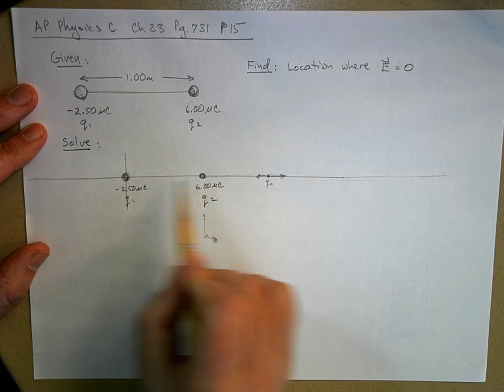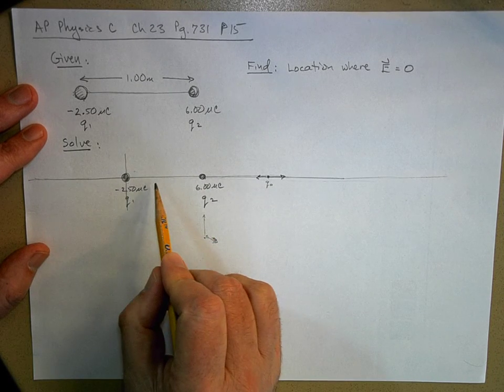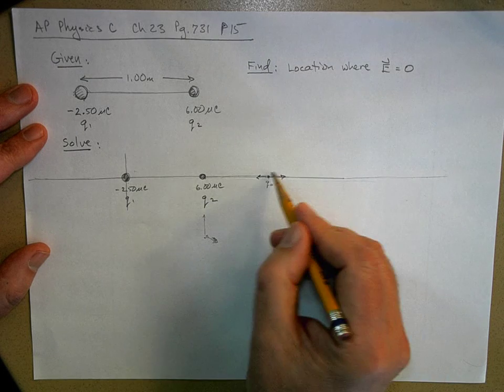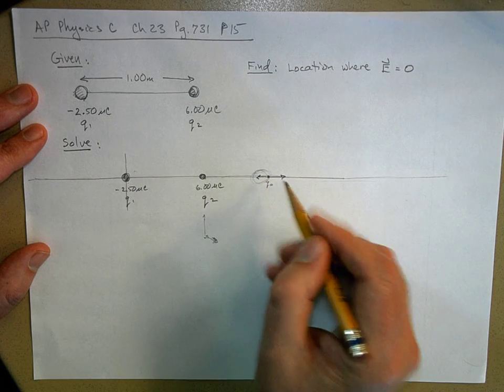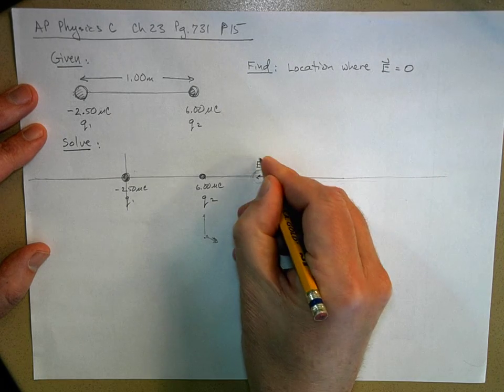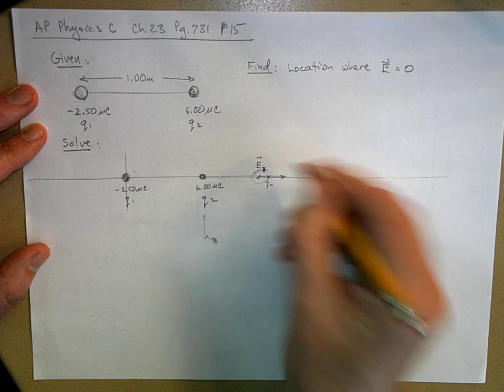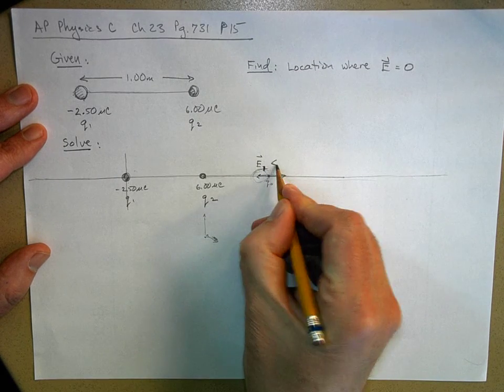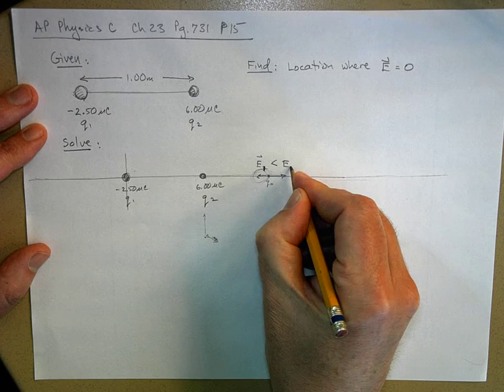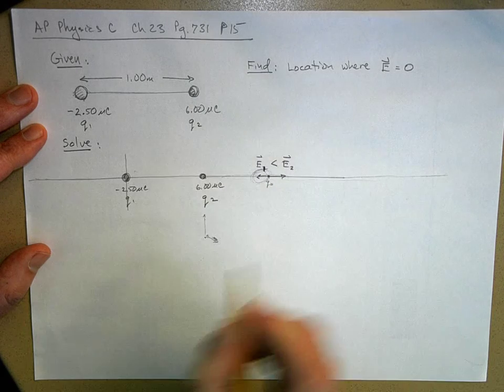And since the positive charge has a greater charge than the negative charge, the E field from 1 will always be less than the E field from charge 2.